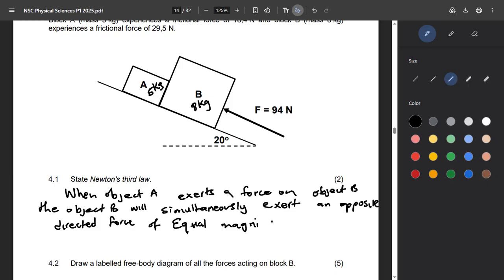So the wall exerts an equal force, but in an opposite direction. So equal magnitude on A.